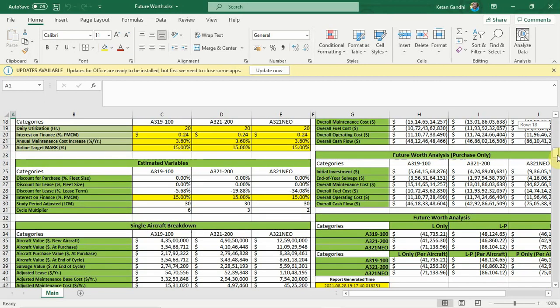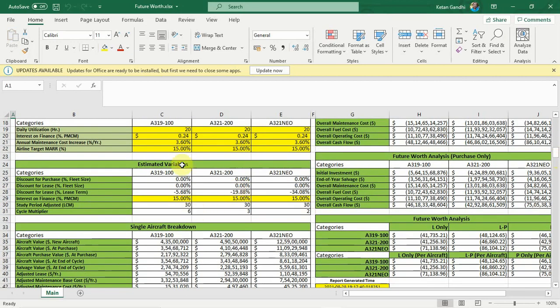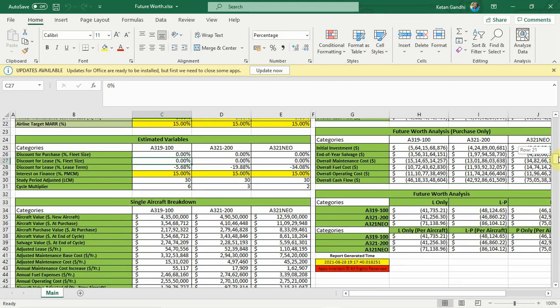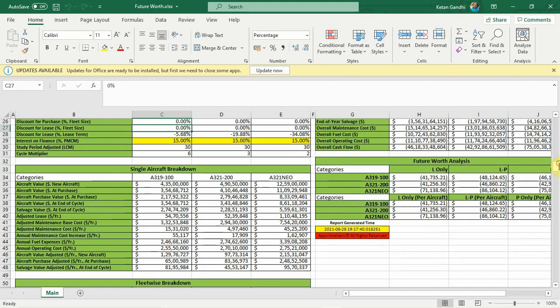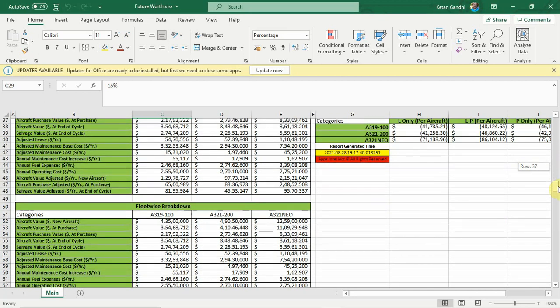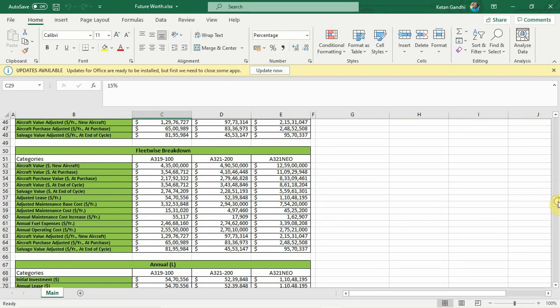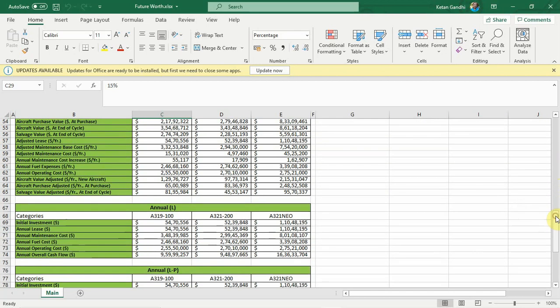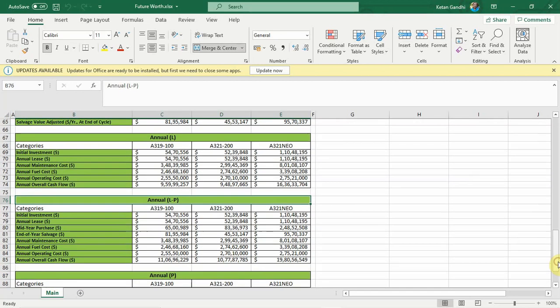And then if you look at it, the study period is the same. The discounts are not applicable here because we are taking one aircraft type into the scenario. The rest of the things are the rate of return, which is 15%, the return the airline is expecting, and the same sub-scenarios: annual lease, which is a fixed term, lease on a certain term and then annual purchase.